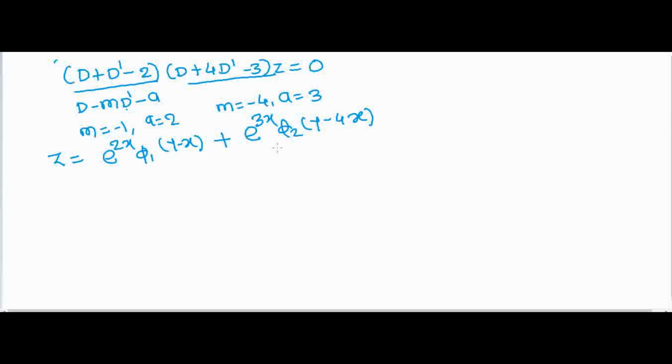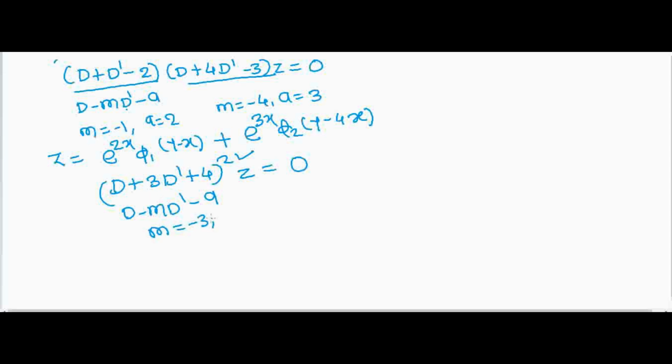In just one step we get the solution of this type of non-homogeneous equation. If we have another equation, suppose (D + 3D' + 4)²z = 0, look at this, it is squared and therefore the factors are repeated. Comparing with D − mD' − a, we observe m = −3 and a = −4.